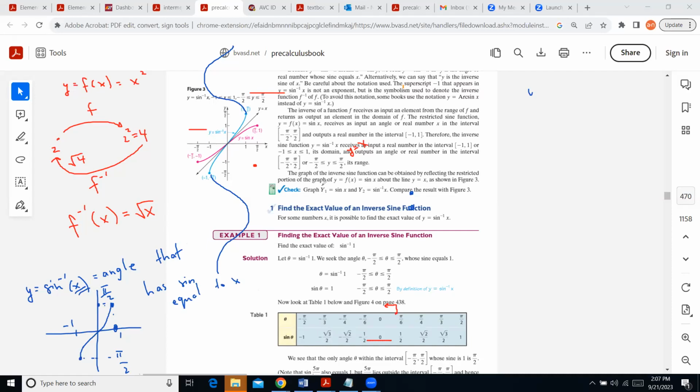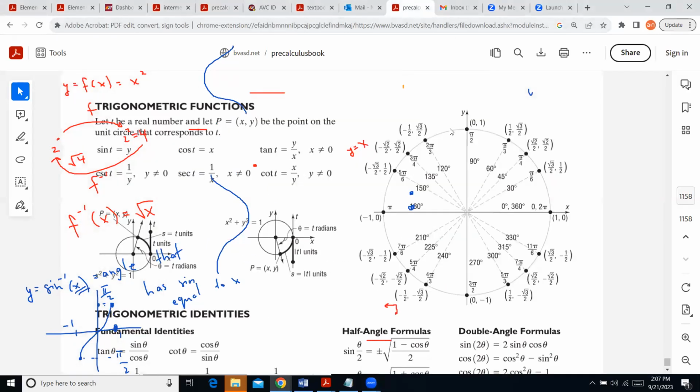Okay, so what does this really mean? Well, I prepared our old favorite unit circle. Remember the unit circle diagram that we used quite often already? It's on the back of the textbook, right? On the covers.